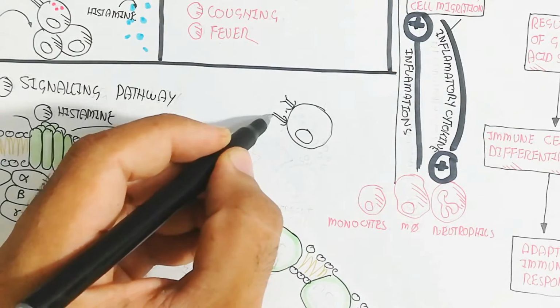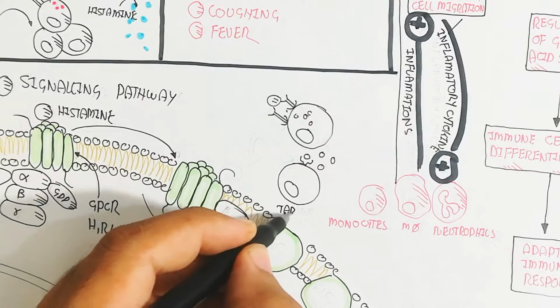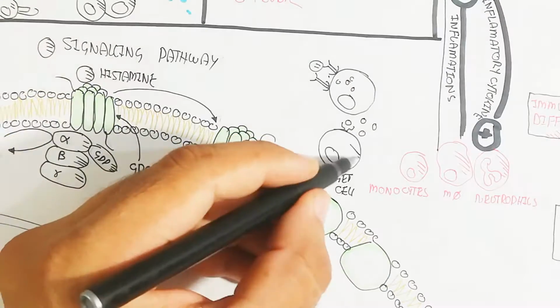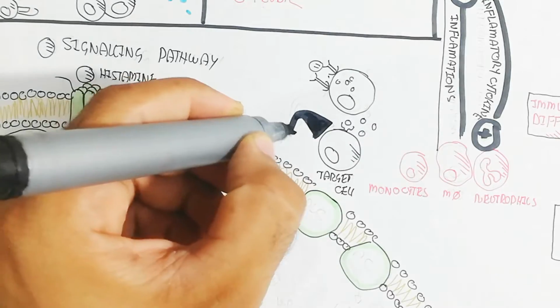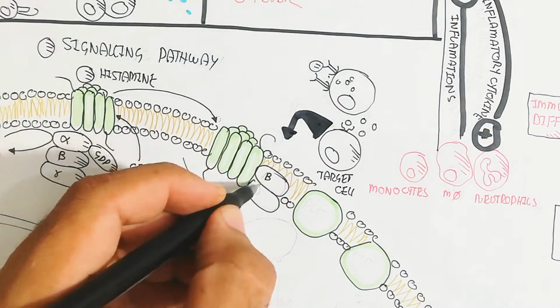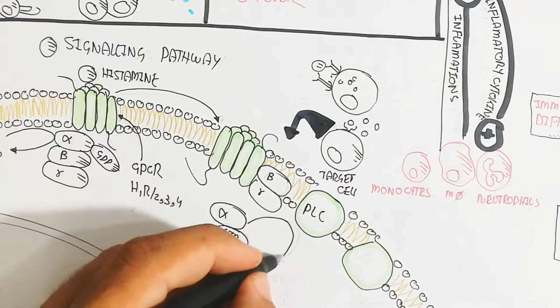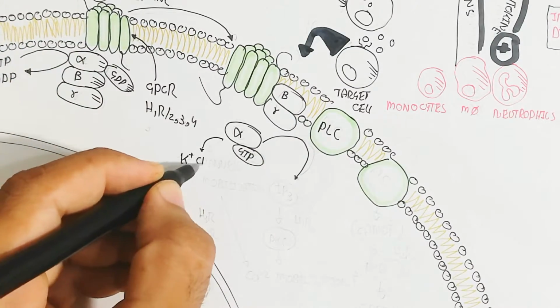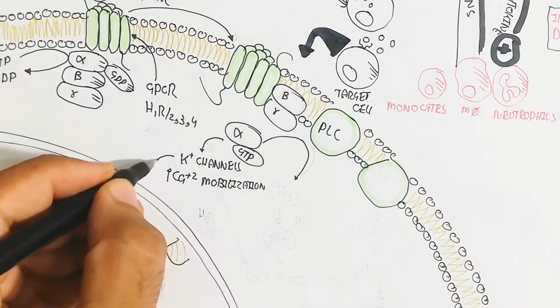Here you can understand this is the mast cell which binds with the allergen, leading to the target cell. So here the alpha GTP activation will lead to a cascade of phosphorylation in different ways on the basis of the receptor.